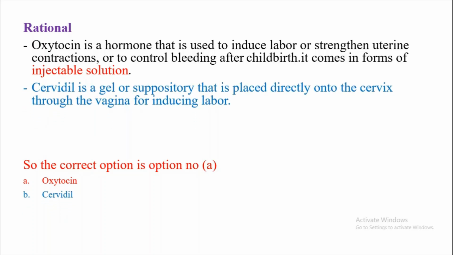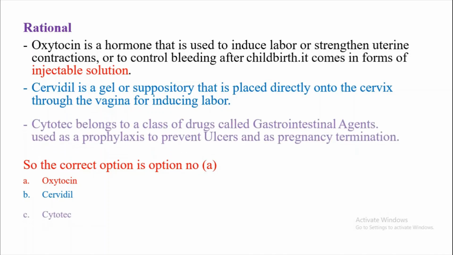Option number B, cervidil, is a gel or suppository that is placed directly onto the cervix through the vagina for inducing labor.